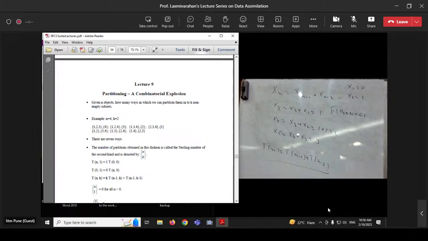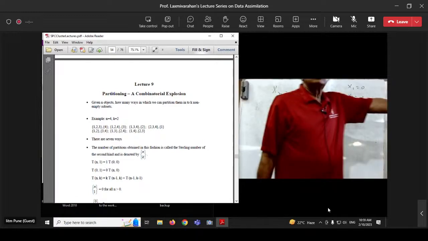A T(n) for a larger n depends on the value of T(n) for a smaller n. That's right. That means the present depends on the past. The present depends on the 2 values of the past. That's a difference equation: a sequence of Fibonacci numbers, a sequence of Stirling numbers.